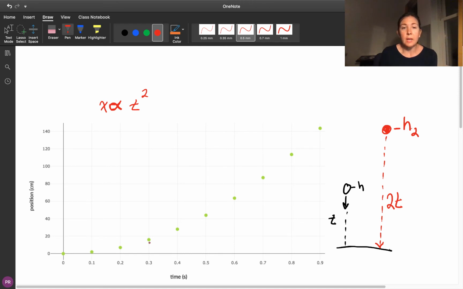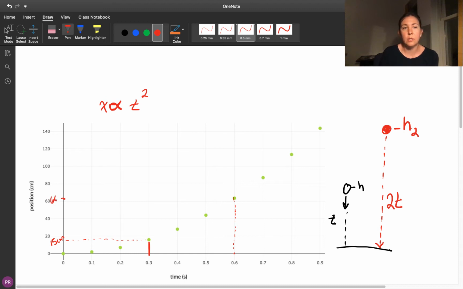And so if I said, okay, it actually takes 0.3 seconds to fall, that may be around a height of 15 centimeters. And then if I double the time to 0.6 seconds, I now have a height of close to 60.